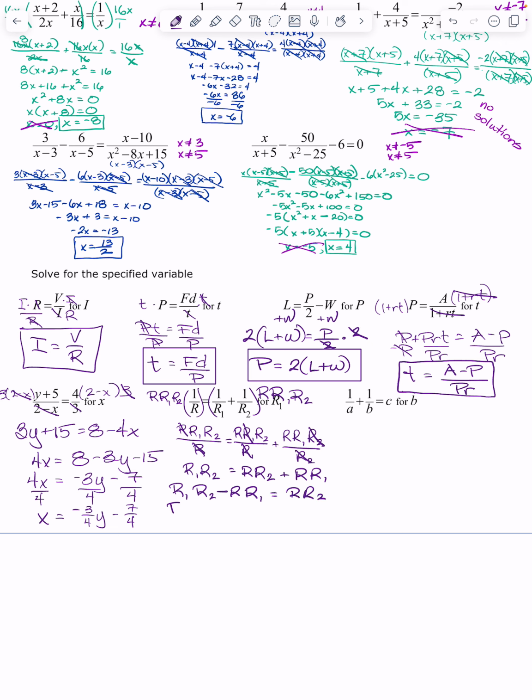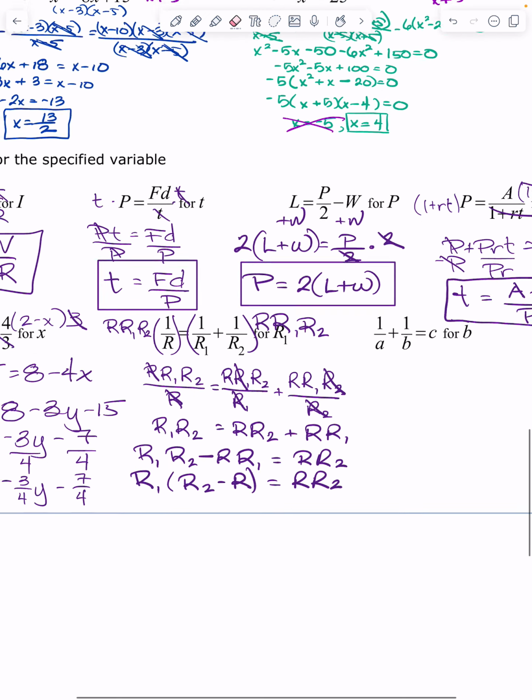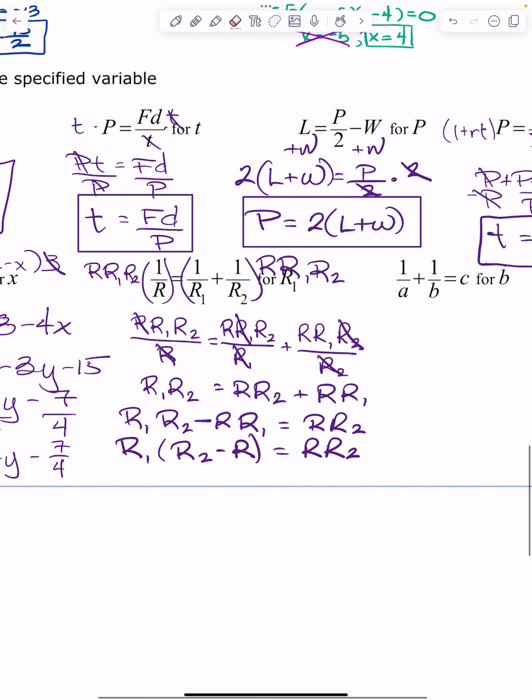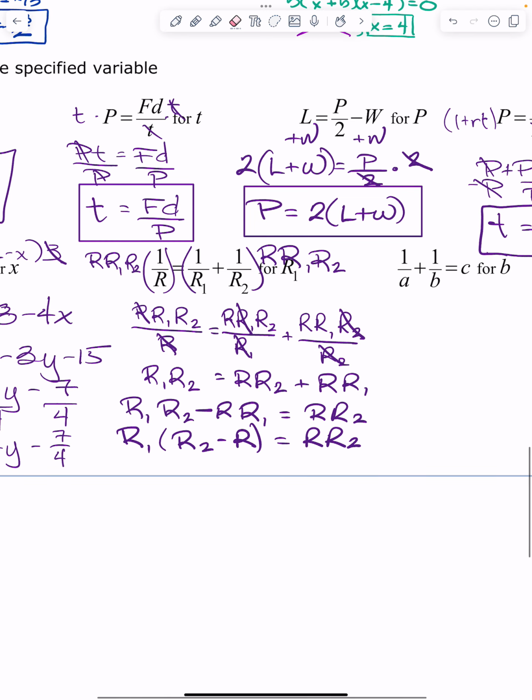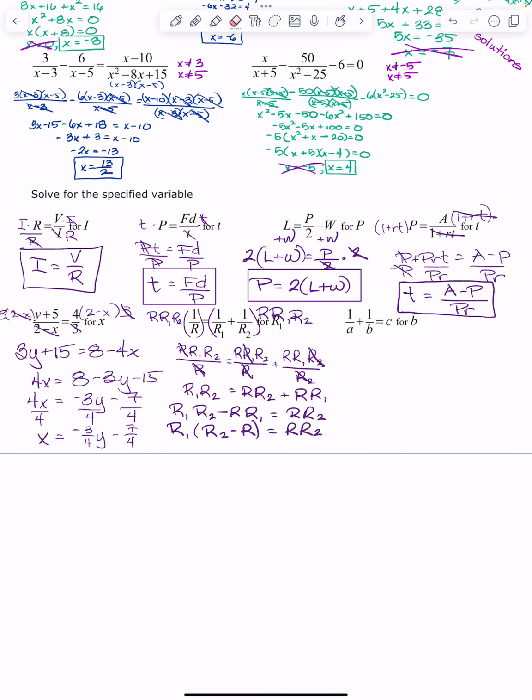I'm going to factor out my r sub 1. And then I'm going to go ahead and divide. We'll see if this goes onto the separate page, whatever.